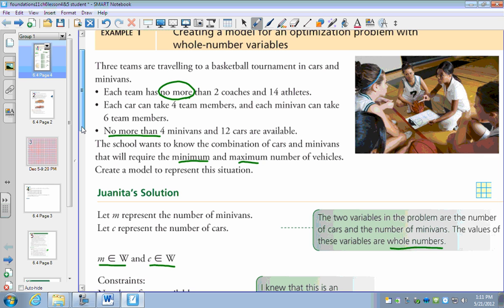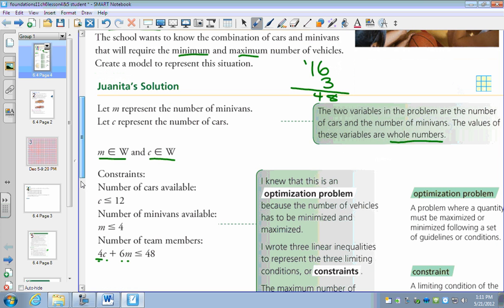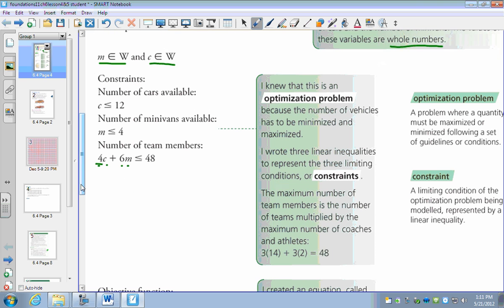And 48 came from each team has no more than 14 athletes and 2 coaches. And there's 3 teams. Well, 14 plus 2 is 16. 3 teams is going to be 48 players. So that's how she came up with this one. The total number of people is less than or equal to 48. Okay, because that's the most you could take.